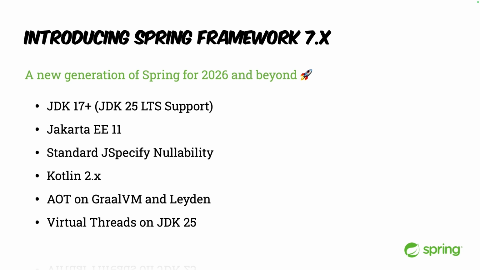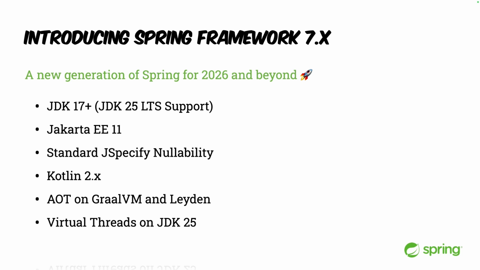And then virtual threads on JDK 25. So I mentioned earlier, virtual threads came in JDK 21. Support for that came in Spring Boot 3.2. But we'll start to see some more features around this come into play. JDK 24 was just released, and there are some features in there that you could take advantage of today, but will certainly be there in JDK 25 as well, around the ability to not pin a virtual thread within synchronization.